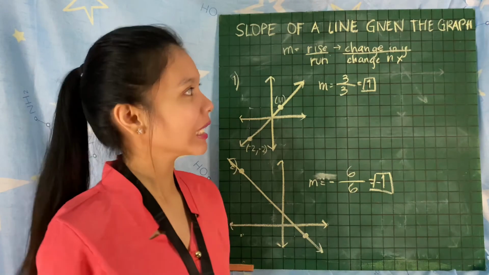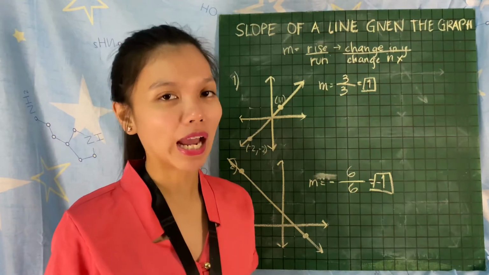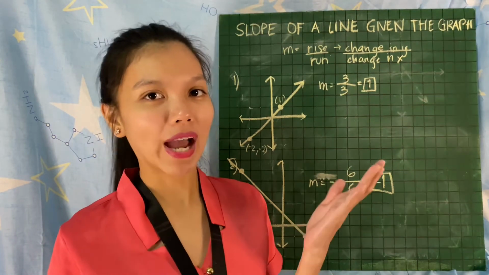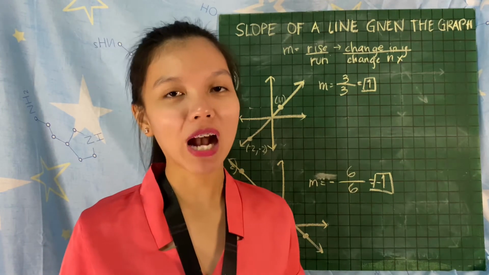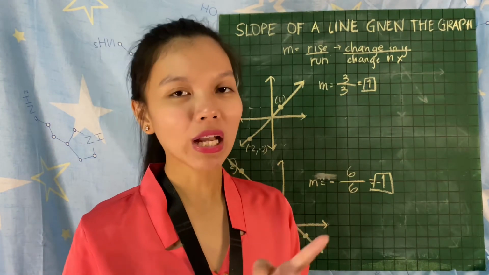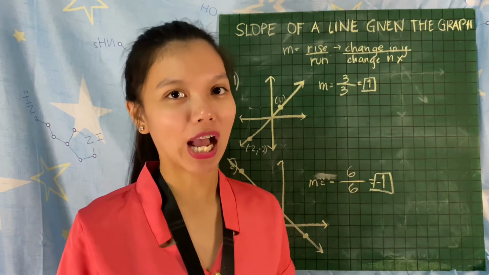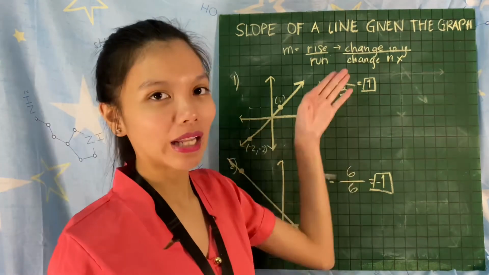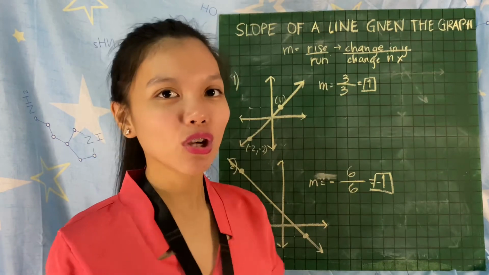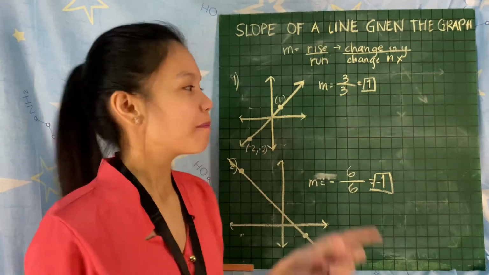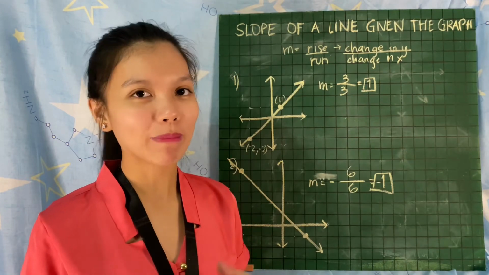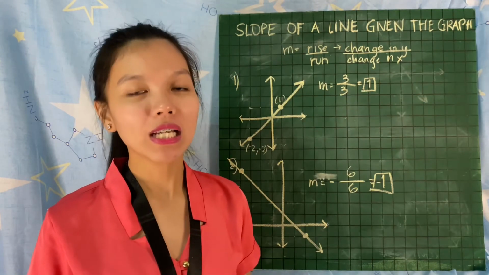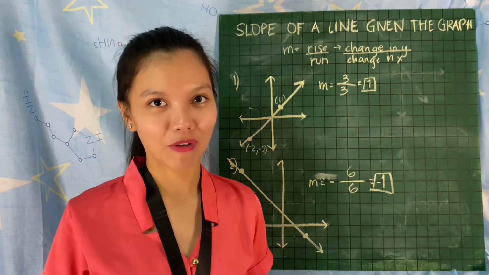Ganun lang kadali yung paggamit ng rise over run or change in y over change in x. Siya ay naka-fraction form, but you can simplify it kung kaya naman. Kaya mahalaga din yung 4 types of slope natin para pagtingin nyo pa lang sa graph, alam nyo na kung ang slope ay positive, negative, 0, or undefined.